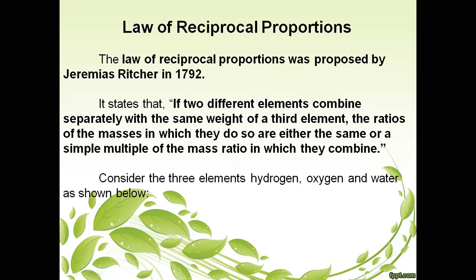If two different elements combine separately with a fixed mass of a third element, the masses of those elements exist in a simple whole number ratio. That is law of reciprocal proportions. This law was proposed by Jeremias Richter in 1792.